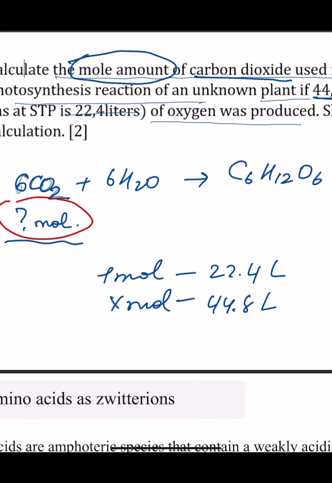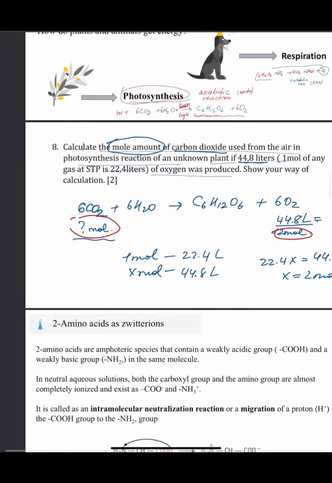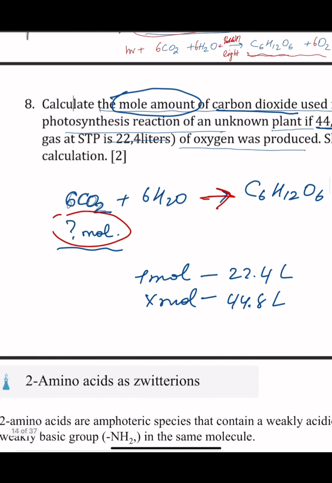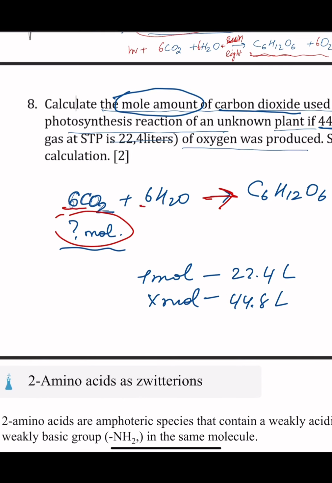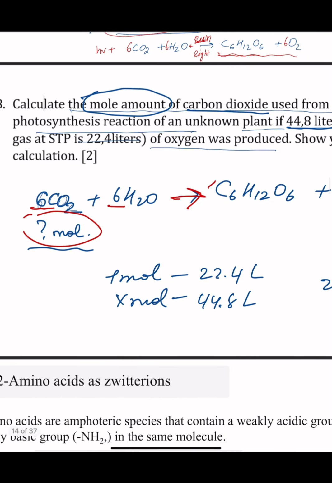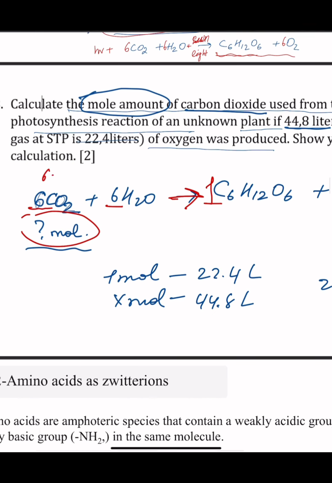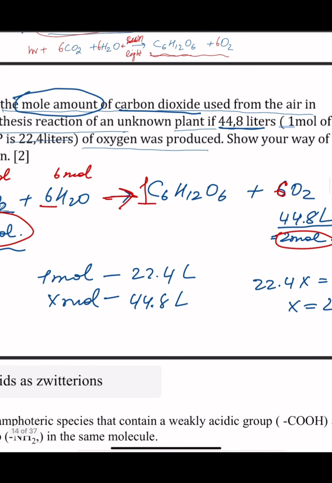And how many moles of CO2 is actually required? You see, we need to have carbon dioxide to produce the oxygen. Now, these coefficients are here for a reason. If it doesn't have any, it means that there is 1, and this is 6 in here, right? So that means that 6 moles of CO2 with 6 moles of water produces 1 mole of glucose and 6 moles of oxygen.